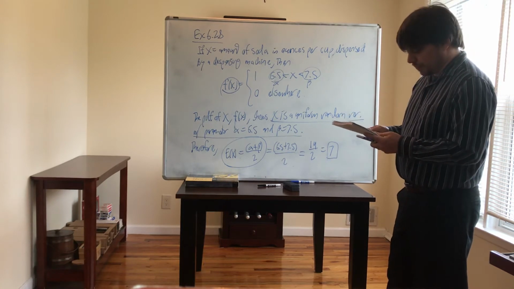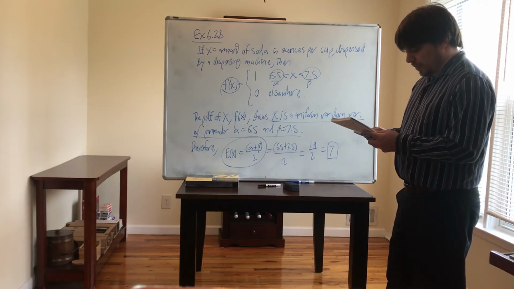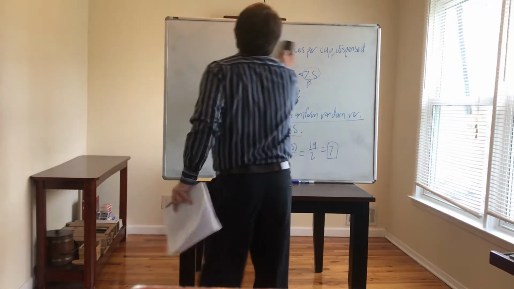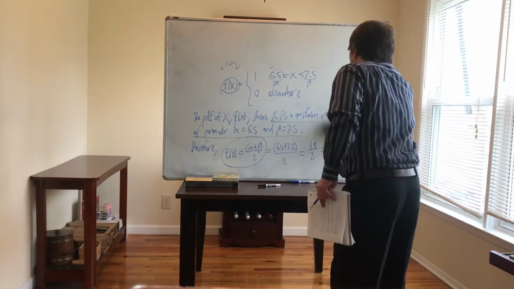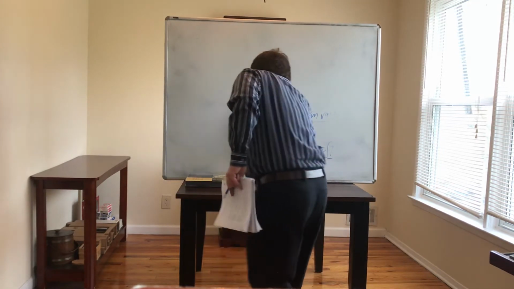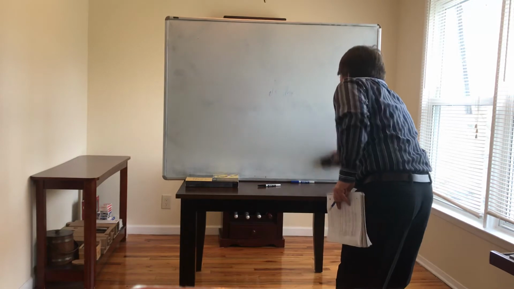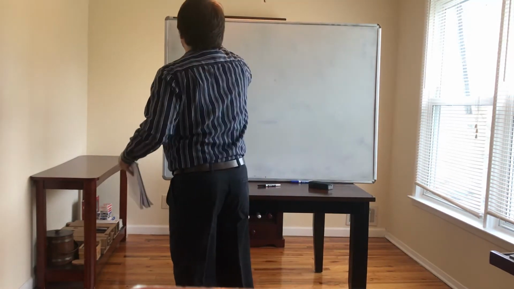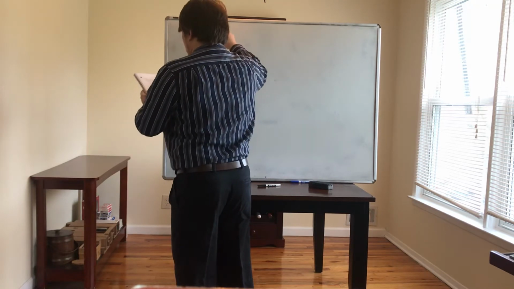Okay, and now example 6.29, another example of calculating an expected value of a certain type of random variable. Each type of random variable has its own formula for expected value. So here's example 6.29.